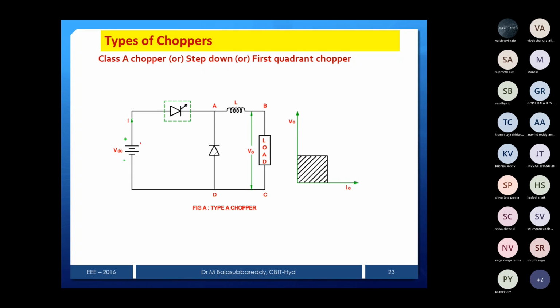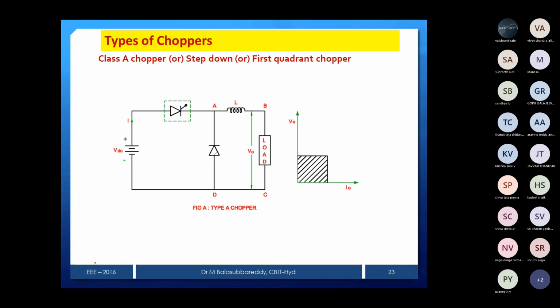And when chopper is turned off, whatever energy is stored in the inductor is going to be dissipated through the diode, because the diode is forward biased. Then output voltage is equal to 0. Current will pass through the diode, so current will be decreasing because the energy stored in the inductor is being dissipated. That's all, that is the operation or explanation.